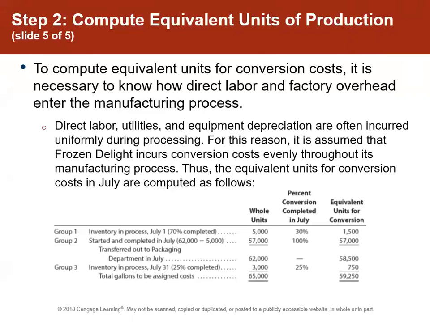So 3,000 times 25%, 750. We would have been able to finish 750 units based on the labor and overhead added in. Okay. So equivalent units for conversion is 59,250. Okay. Any questions on that?